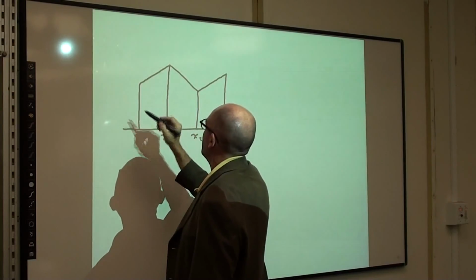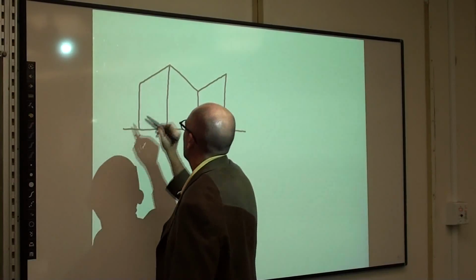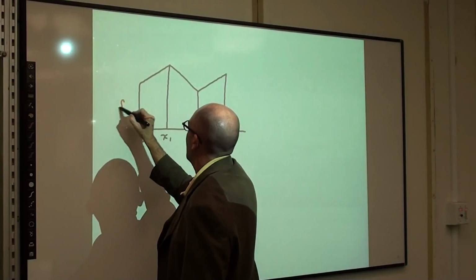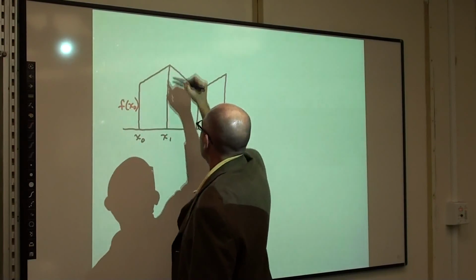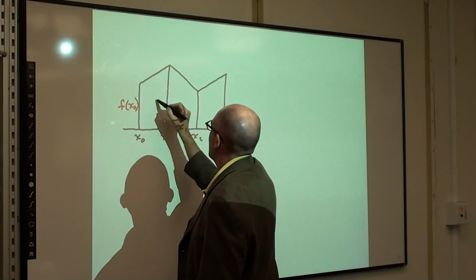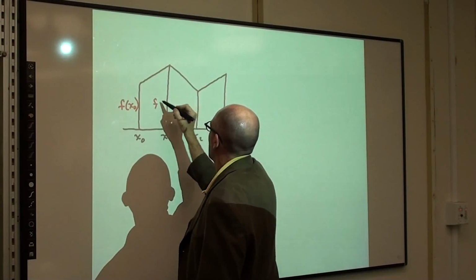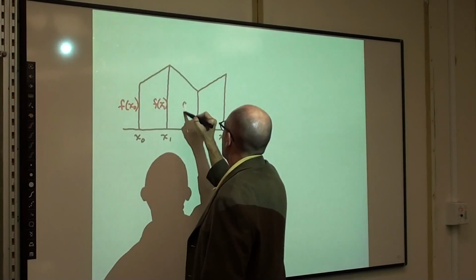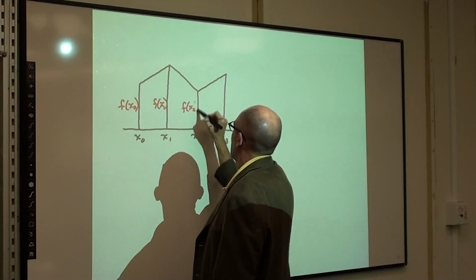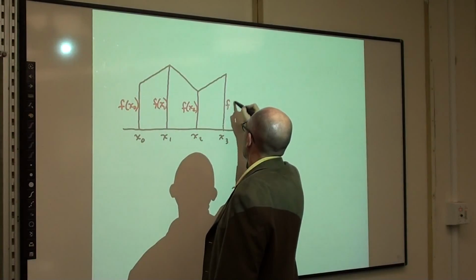So this height is going to be f of x sub 0, and this height is going to be f of x sub 1. This height is f of x sub 2, and this height is f of x sub 3.